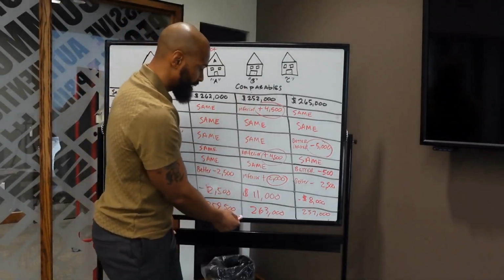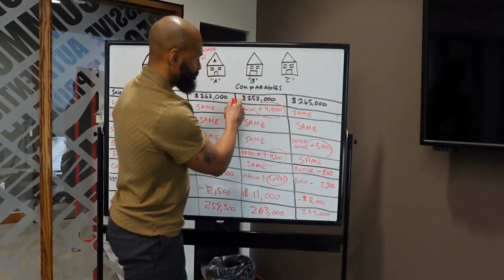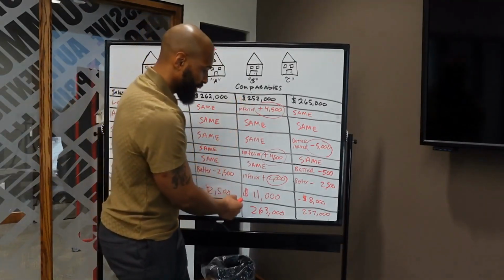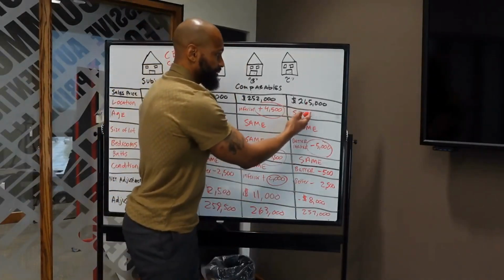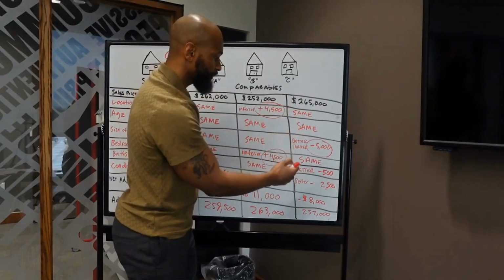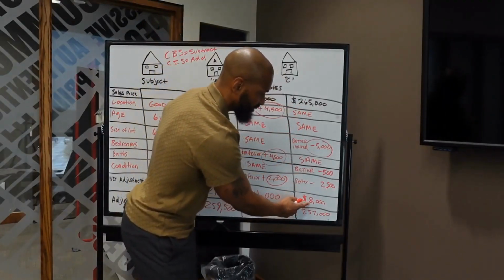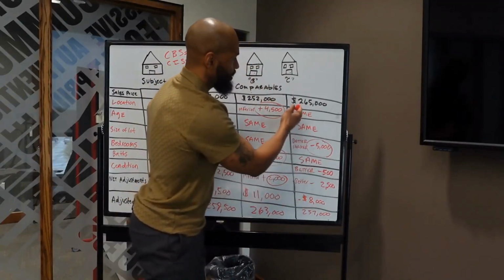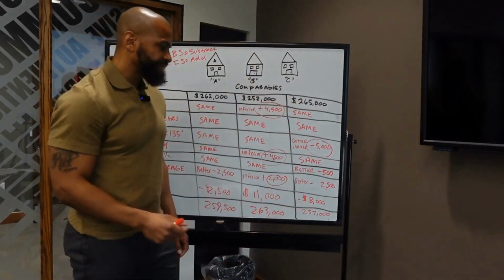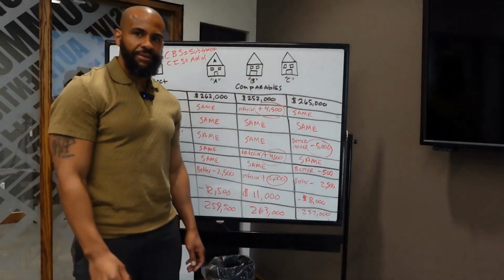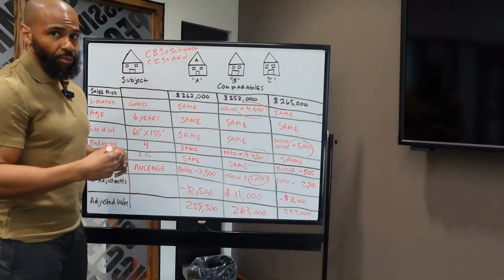With comparable B, we add this $11,000 to the sales price, we get $263,000. Lastly, comparable C, we're going to subtract the $8,000 from our sales price. We get $257,000.